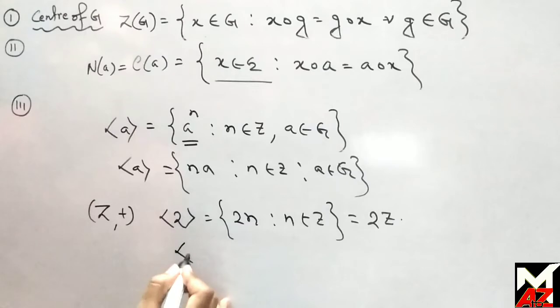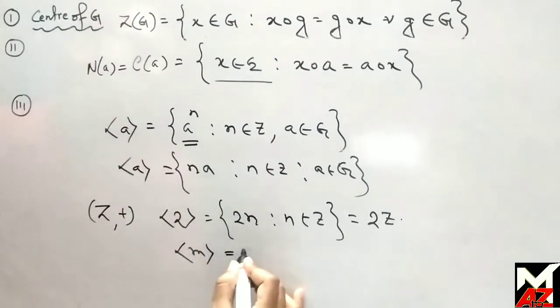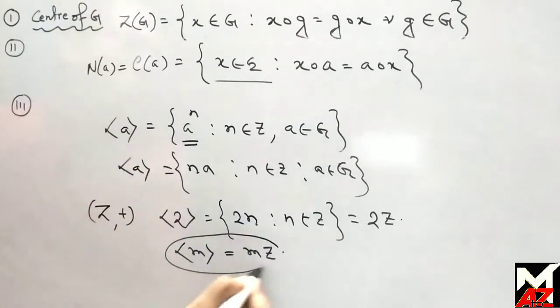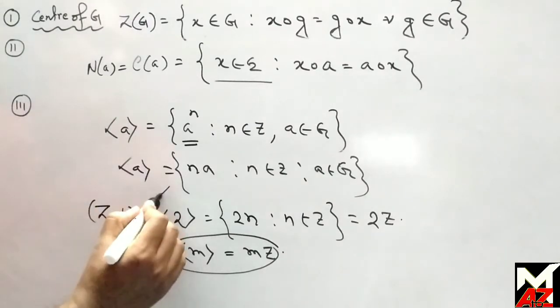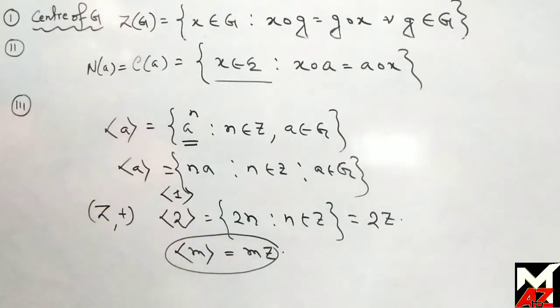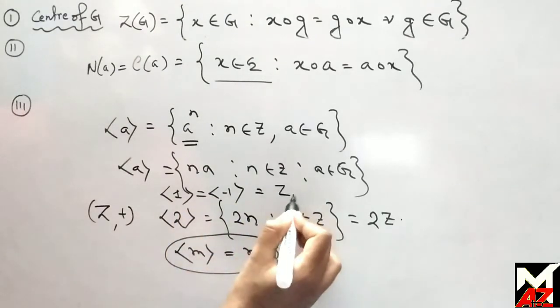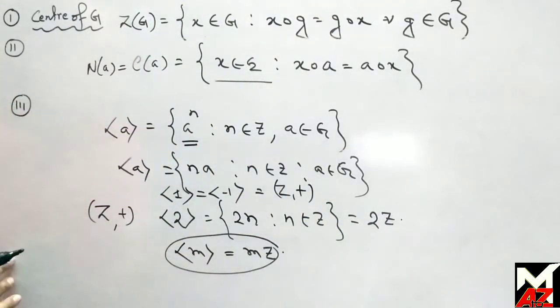Similarly, if we generate with the integer m, we get the subgroup mZ, and these are all the subgroups of Z plus. And if we generate with the element 1 or minus 1, then we get Z plus itself.